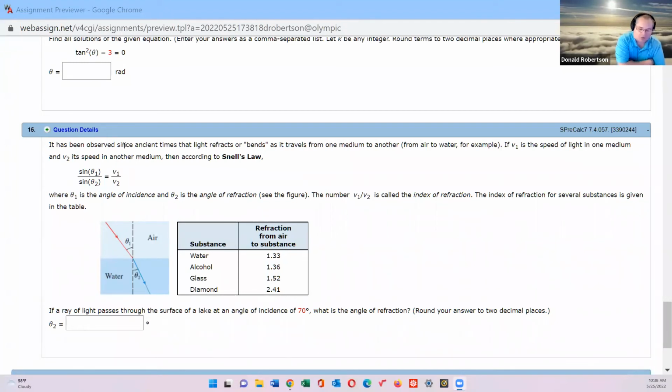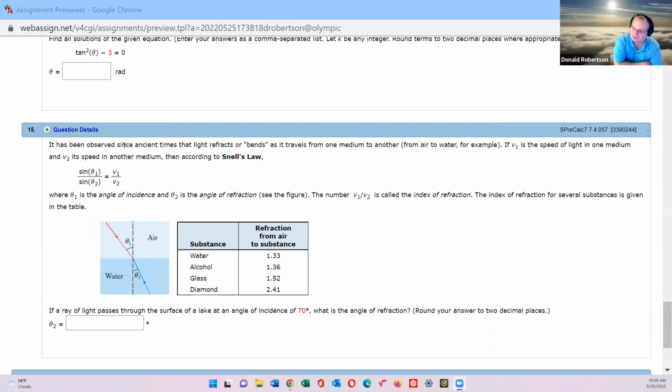You may or may not know this, but light gets bent in mediums. It gets bent through the air, which is why you can see rainbows sometimes. It gets bent in the water. Have you ever seen a fish in the water, but where you see it is not where the fish actually is because the light has been bent? People who actually catch fish, Native Americans and others, knew that.